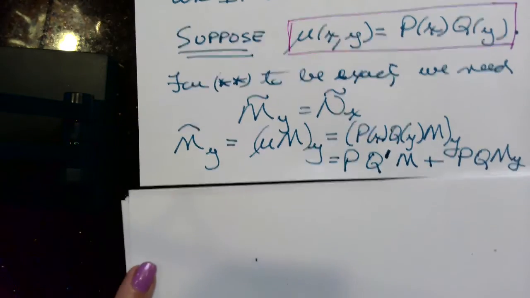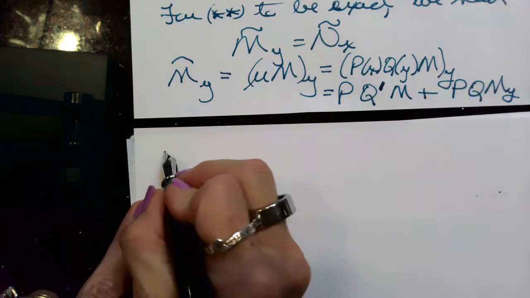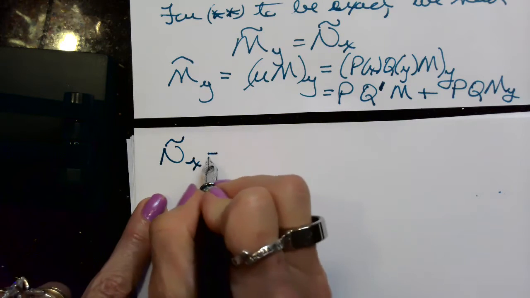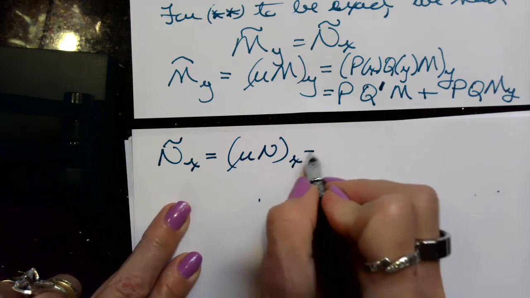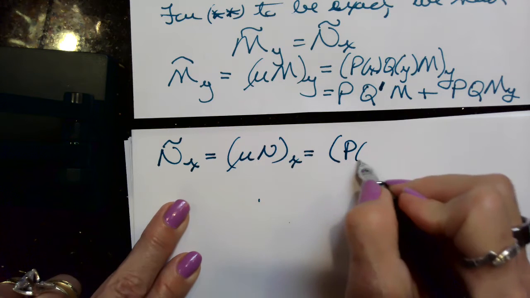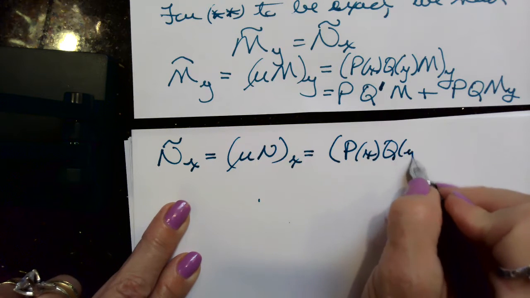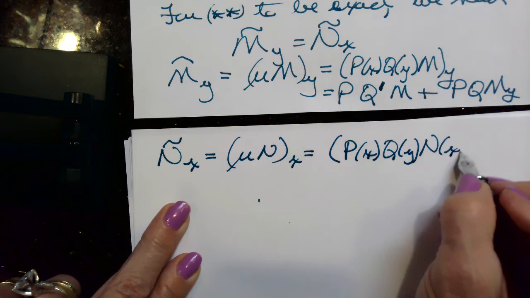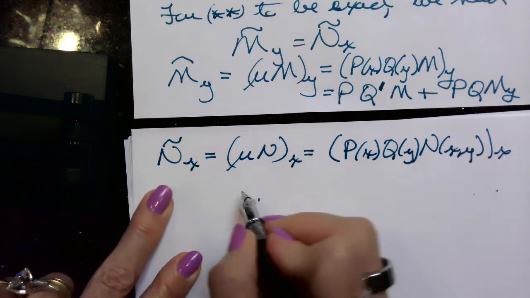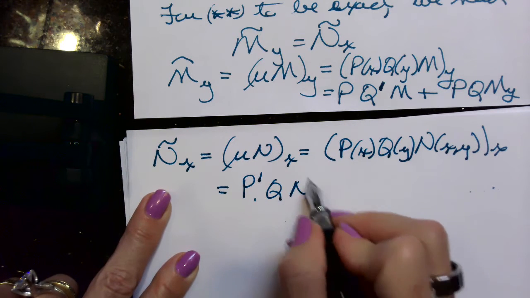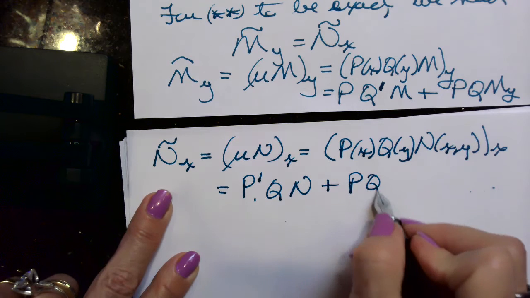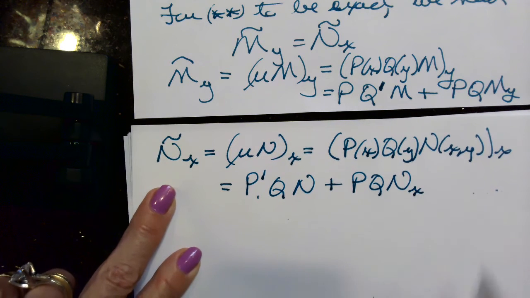What is N tilde sub x? Mouthful to say all of this. N tilde is mu N, and now I have to take a partial derivative with respect to x. But mu is p of x times q of y, and then times N of x and y, sub x. So N tilde sub x will be p prime q N plus p q N sub x.